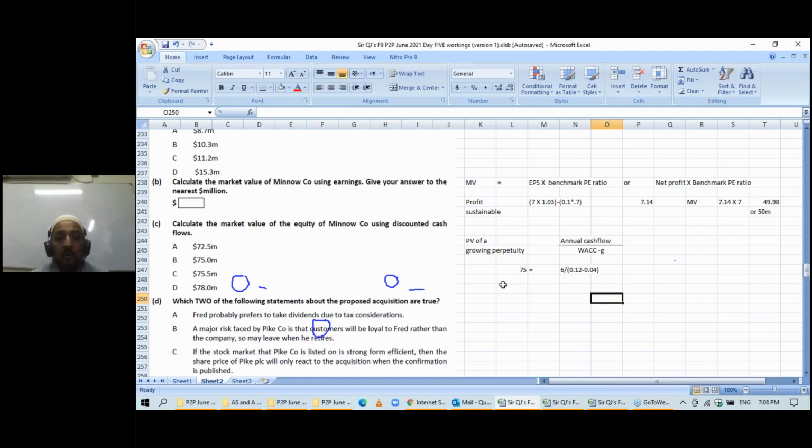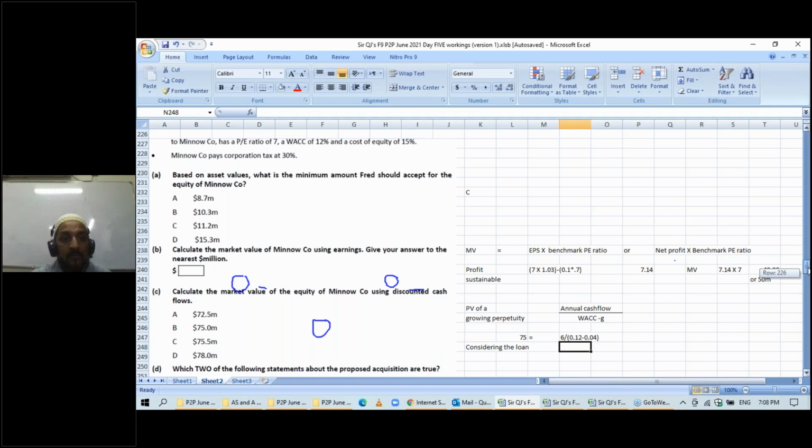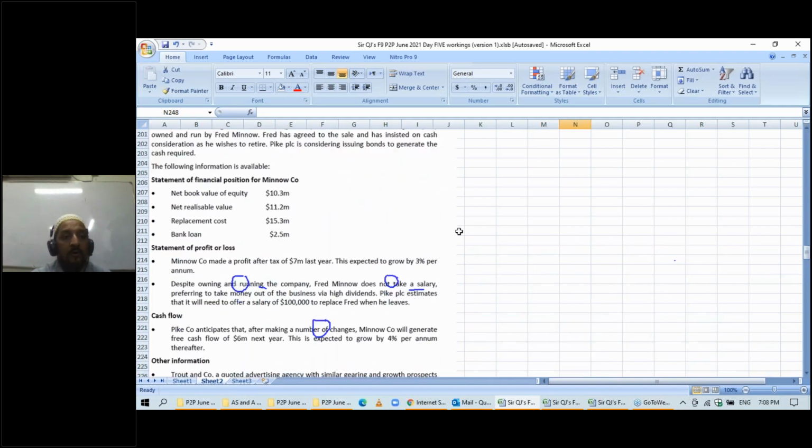now they have a loan as well. So considering the loan, they have a 2.5 million bank loan over here.